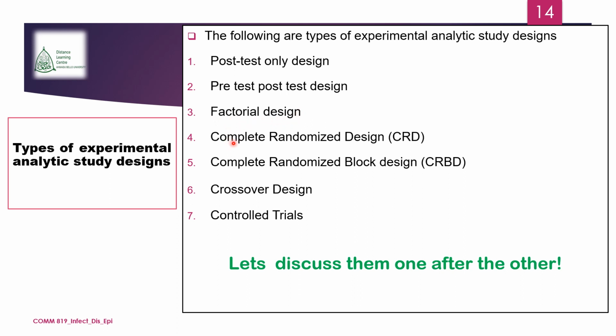We have completely randomized design, CRD. We have randomized complete block design, RCBD. We have crossover design, and we have controlled trials. So all these seven are types of experimental study designs. Let's discuss them one after the other quickly.